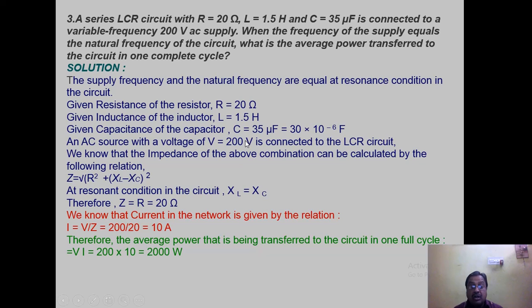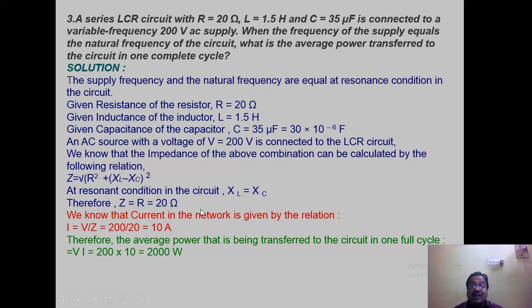The alternating current source provides a voltage of 200 volt, and impedance is given by Z equal to square root of R square plus (XL minus XC) whole square. R is the resistance, 20 ohm, and at resonant condition inductive reactance XL equals capacitive reactance XC. So put that value here, you will get Z equal to R equal to 20 ohm.